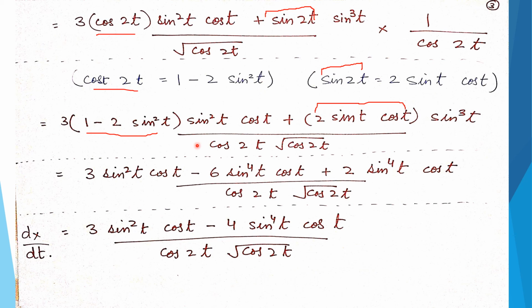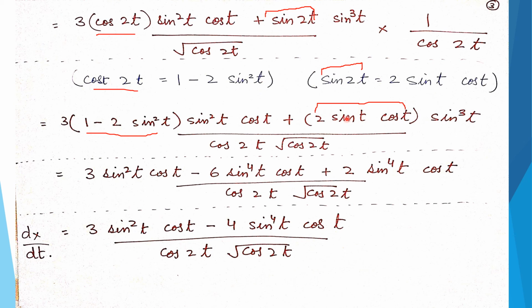Now you please open up the bracket. This 1 will be multiplied by 3 as well as sin square t cos t, so you will get 3 sin square t cos t. Now this minus 2 sin square t will be multiplied by 3 as well as sin square t cos t. So what you will get is minus sign here, 3 twos are 6, you write it here, and sin square t will become sin power 4 t, multiplied by cos t.